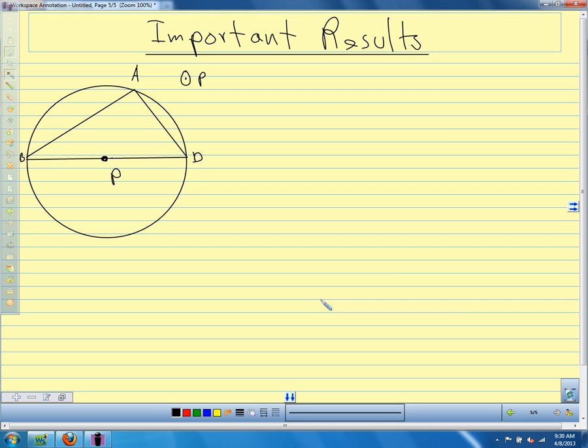So looking at this picture, what kind of arc do we have going from B to D? Semicircle. So arc BD is a semicircle. And I guess I should put a C here to make sure you know what we're talking about. So we could say arc BCD is a semicircle. We could go around either direction, it doesn't matter. Arc BCD is a semicircle.